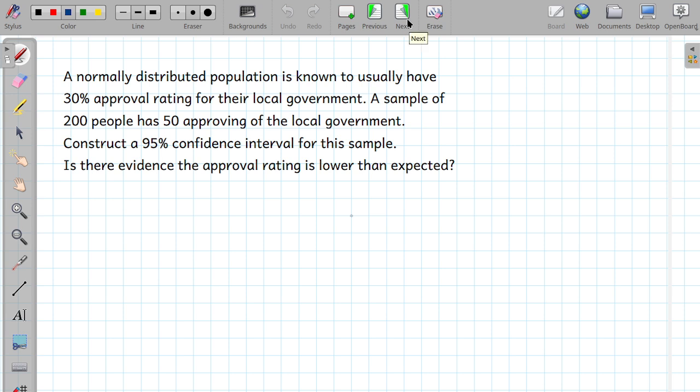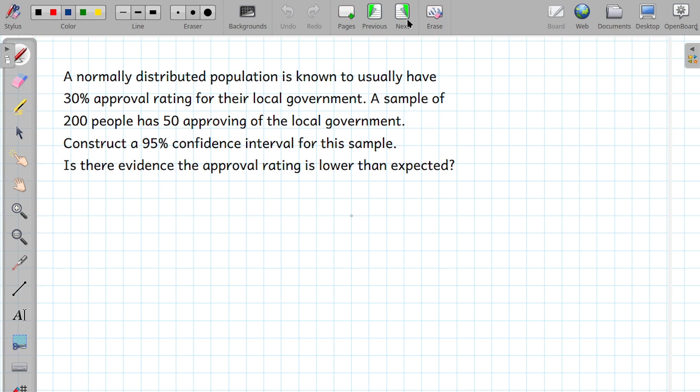Let's do some examples here. Here we have a normally distributed population that we know historically that roughly 30% of the population approves of whatever their local government does, regardless of whenever we make a study.